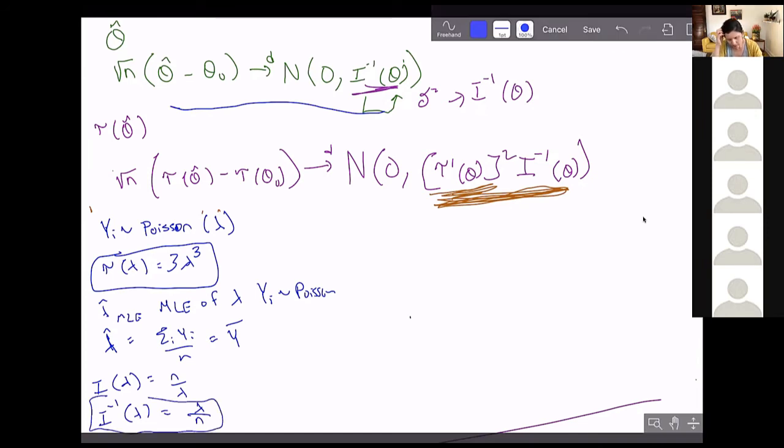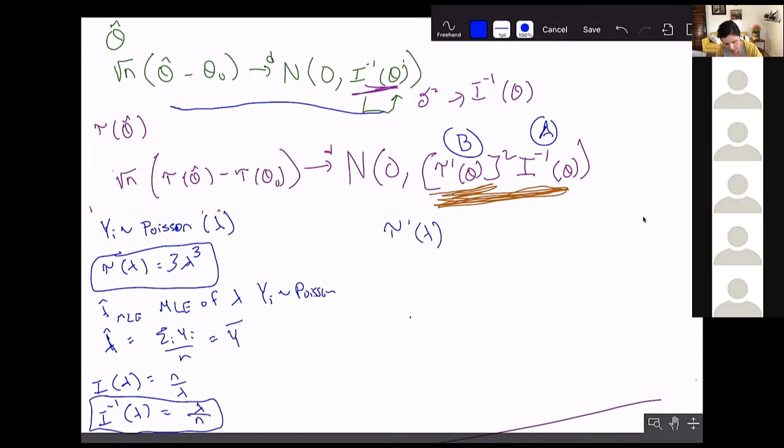So that's one piece, this piece here. So we can calculate this other piece. What is the derivative going to be of our transformation of the MLE? 9 lambda to the fourth.